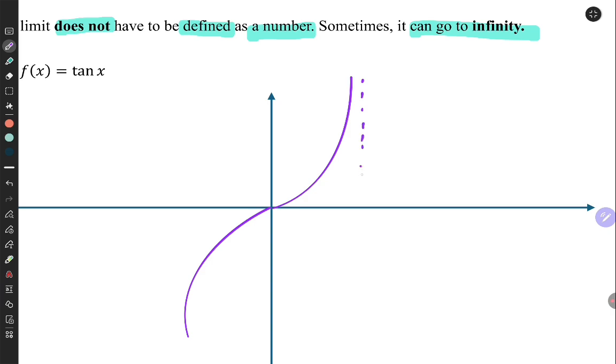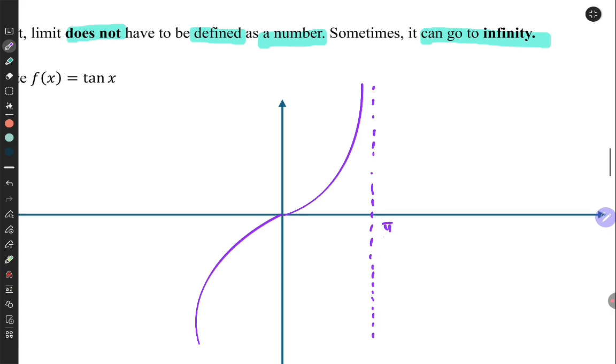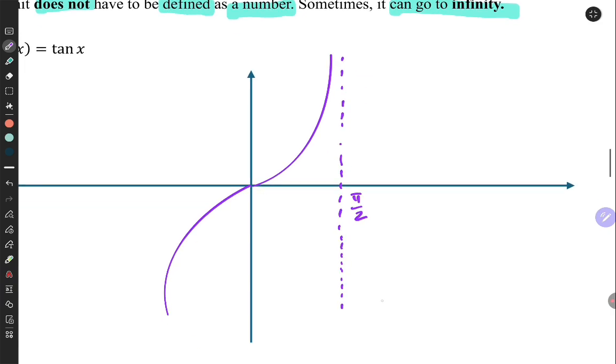You're going to have a bunch of vertical asymptotes. Tangent of which number is undefined? Pi over 2. And therefore you keep going with the pattern.